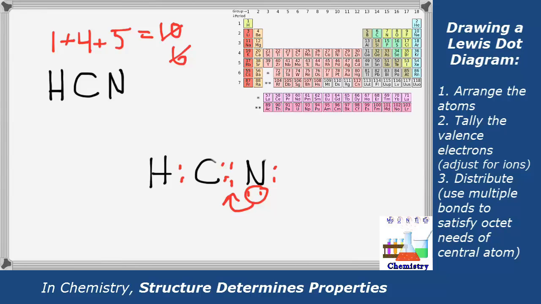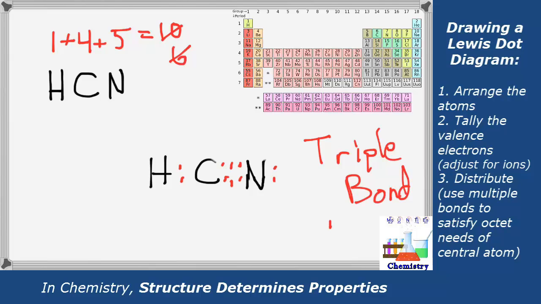And so what we're going to do there then is create what we call a triple bond. So triple bonds are going to be consisting of 6 shared electrons between 2 atoms. And if you see it written in abbreviated notation, sometimes it would be 3 lines connecting those 2 atoms.